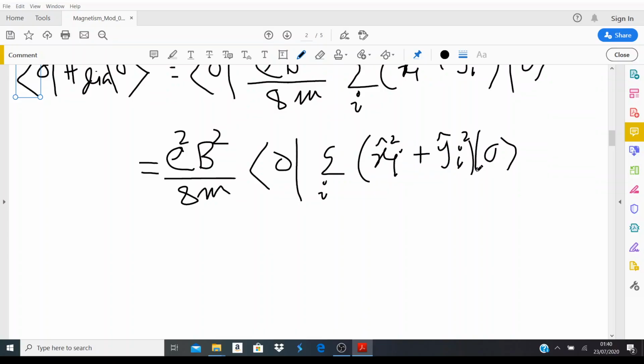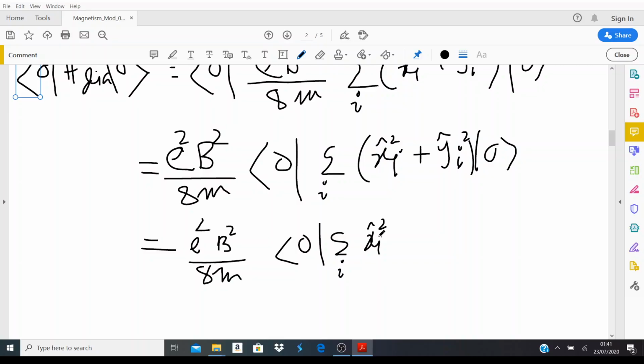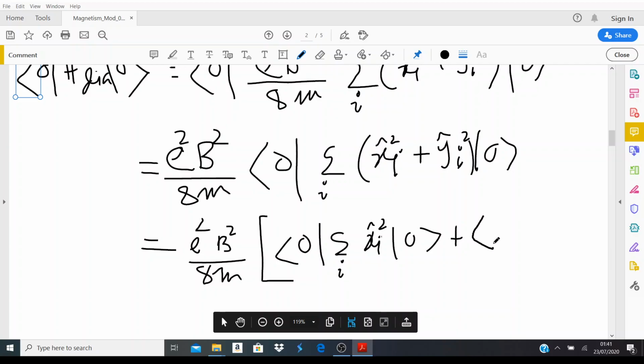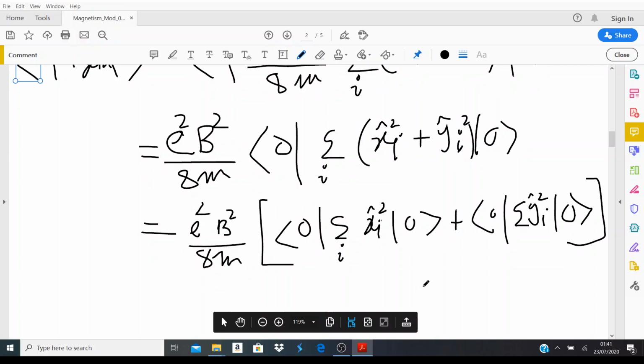And if you remember, what is this quantity? This quantity is nothing but the expectation value, just split into two, where you have the sum over x_i squared and then the other part where you have the sum over y_i squared, right?